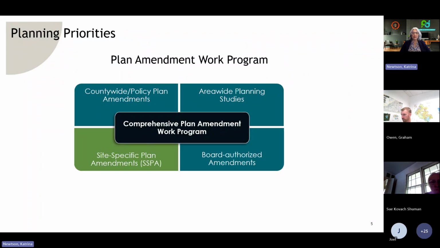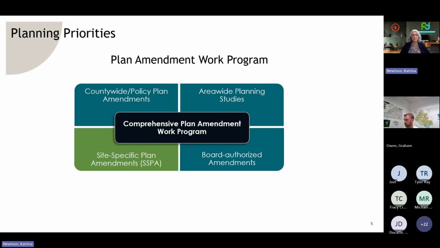So I mentioned on a prior slide that changes to the comprehensive plan are called plan amendments. And given the dynamic nature of land development in Fairfax County, we are constantly working on planning studies that are amending the comprehensive plan. The plan amendment work program is a list of amendments and studies that have been authorized by the board for staff to consider.